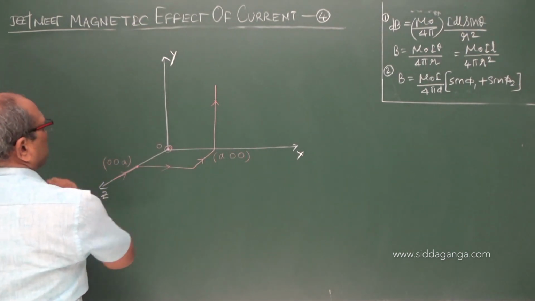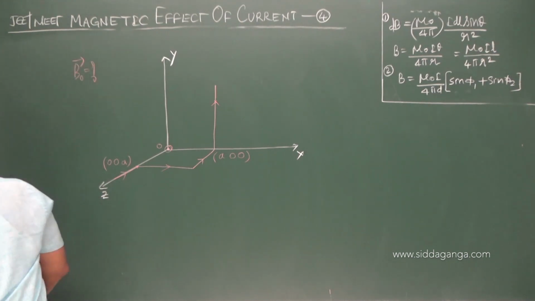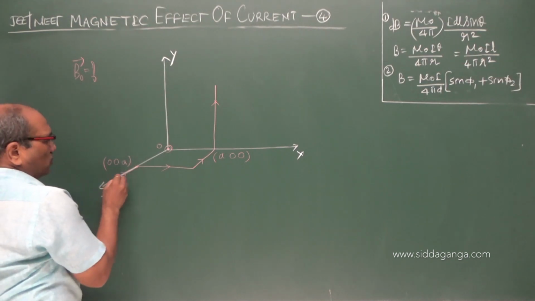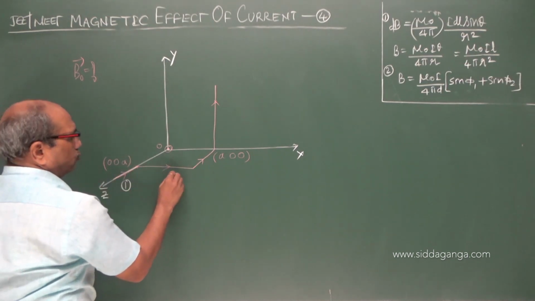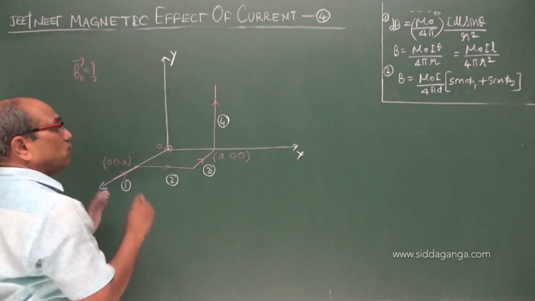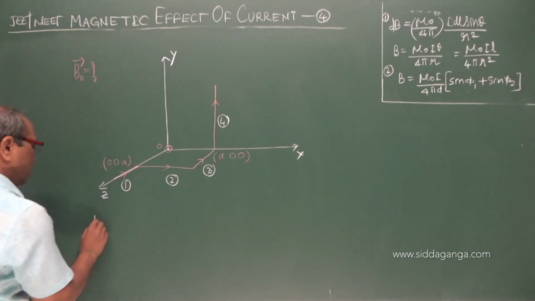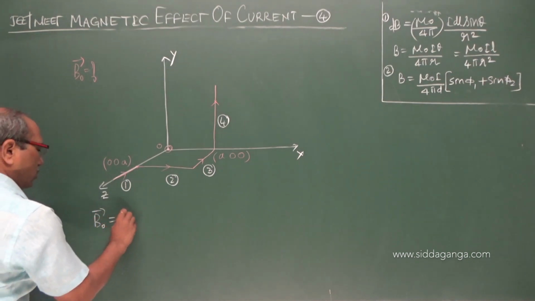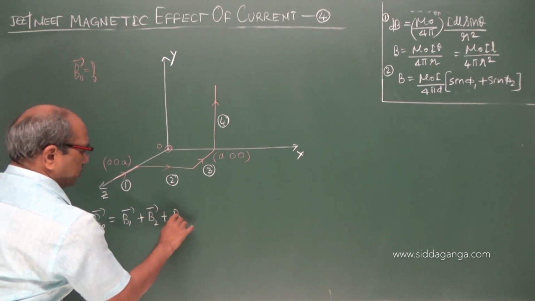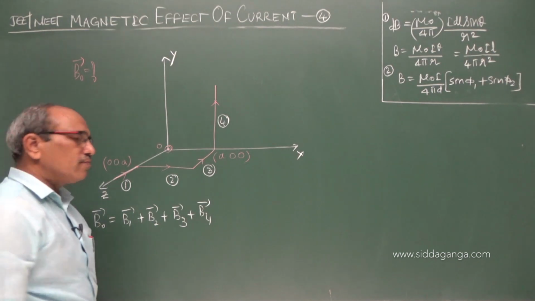Magnetic field at O is required. B naught is how much? Again look into the case. This portion 1, 2, 3 and 4. There are 4 parts. The field you require, B naught, B1 plus B2 plus B3 plus B4, has to be calculated.